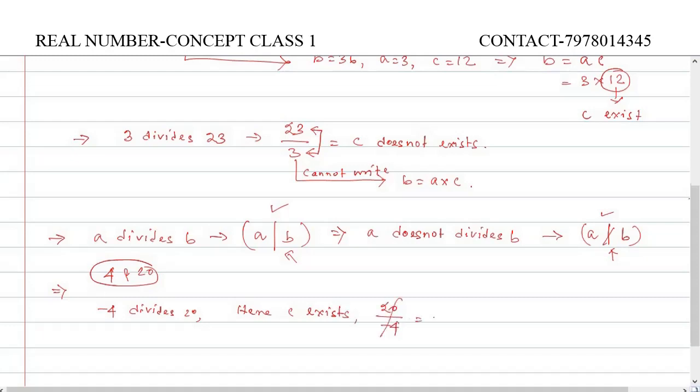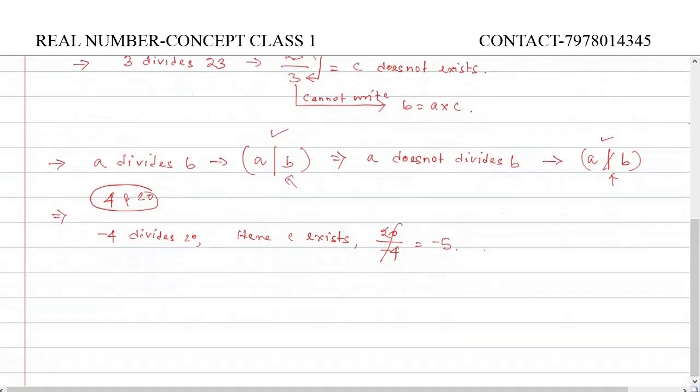The answer is minus 5. So we can write this in the format b is equal to ac. So 20 is equal to a, which is minus 4, into c, which is minus 5. So this c exists.